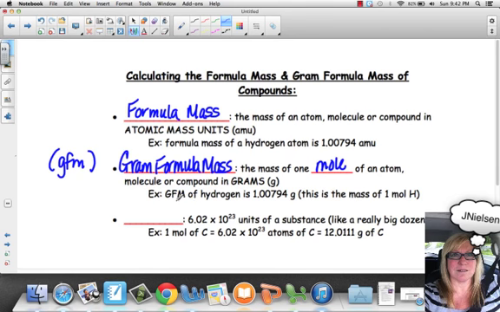For example, GFM of hydrogen is 1.00794 grams. This is the mass of 1 mole of hydrogen. 1 mole is 6.02 times 10 to the 23rd units of a substance.